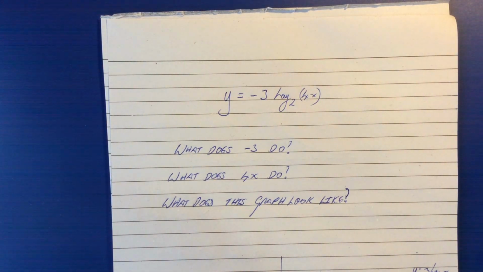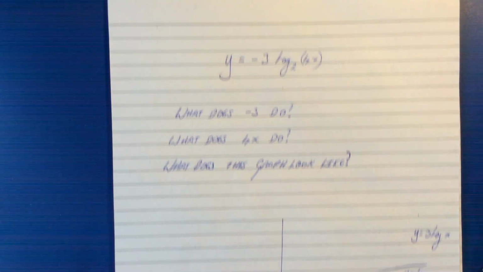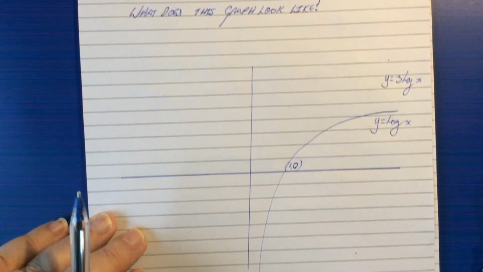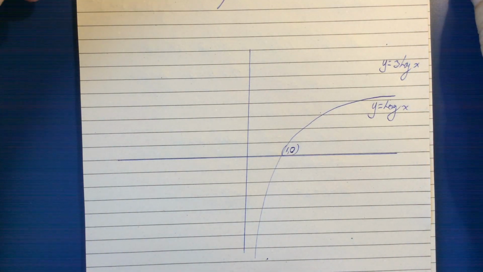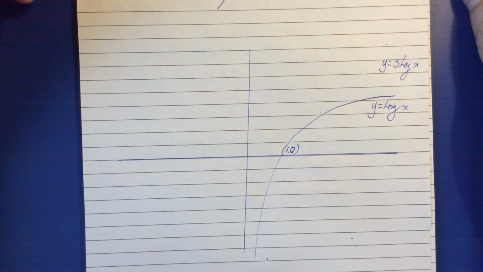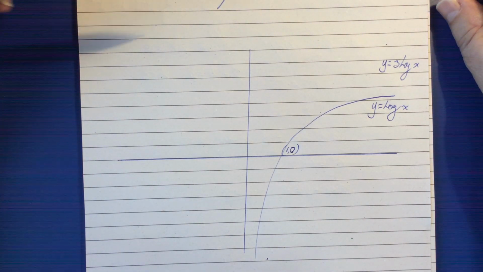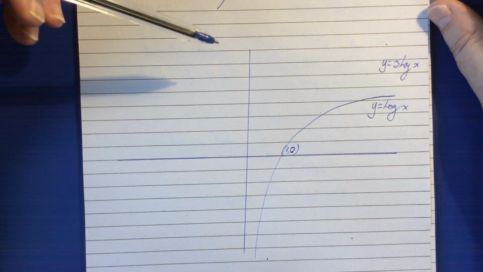Now, you'll have come to this hopefully because you already know what a basic log graph looks like. I've drawn one in here, and we're going to use that as the template for comparison when it comes to what this particular function graphs like.